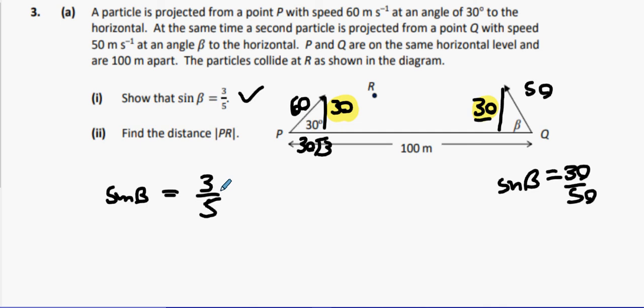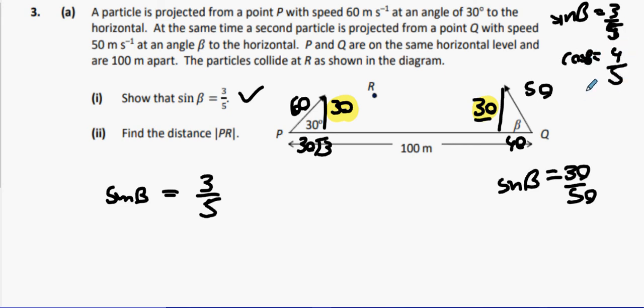Right, so that one's done nice and quickly. Next we have to find the distance from P to R. We're going to use 8 equations this time. That'll be 40 by the way, because if sine B is 3 over 5, cos B will be 4 over 5.